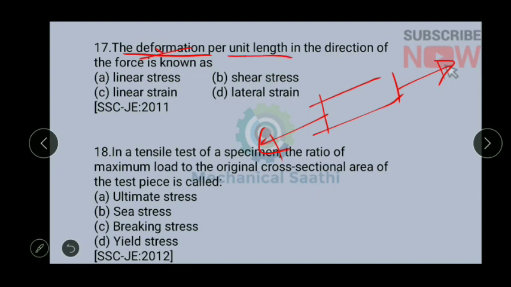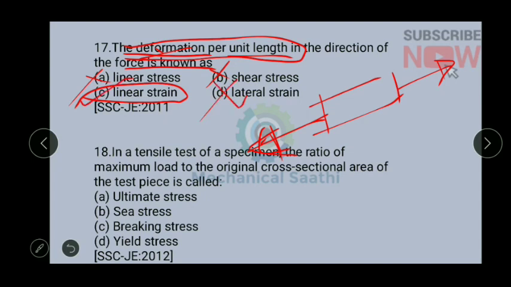Along the direction of force, it will be the linear strain. The first catch here is deformation per unit length, so it can't be stress, and it can't be the lateral strain. So the C option will be the correct one.